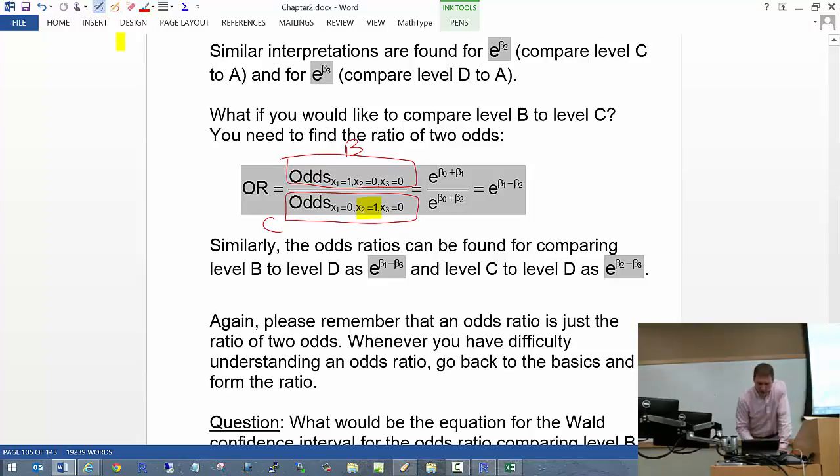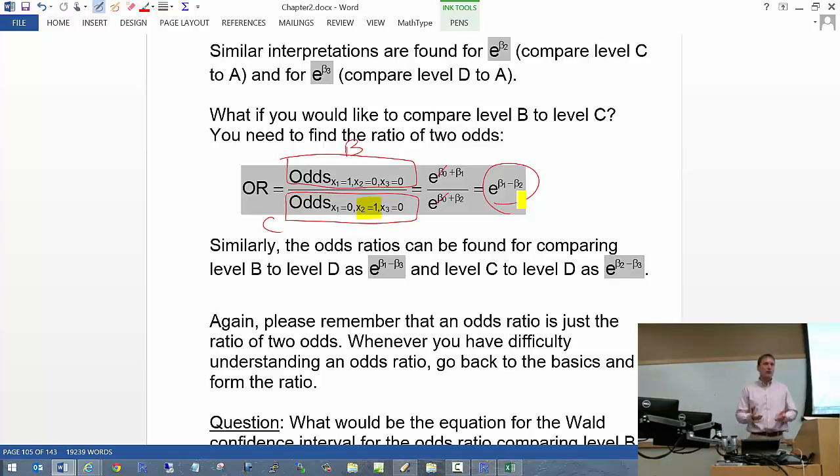And look what happens, some of the betas fall out. Beta 0 and beta 0 fall out. Beta 3 was already out because you were taking x3, which was 0, times beta 3. And then it's just e to the beta 1 minus beta 2. That's your odds ratio.